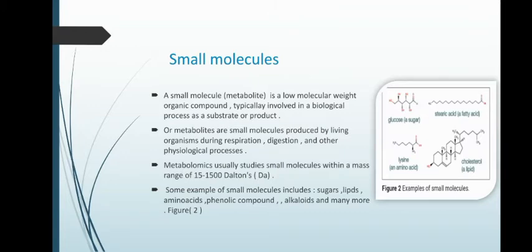A small molecule can be a substrate or a product of metabolism, which are influenced by both genetic and environmental factors. Small molecules are known as metabolites, and collectively these are known as metabolomes.